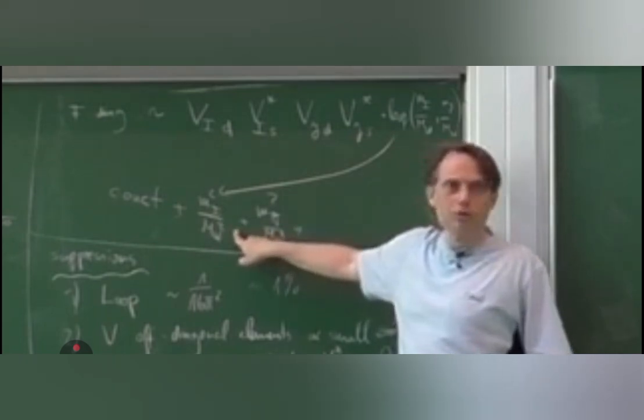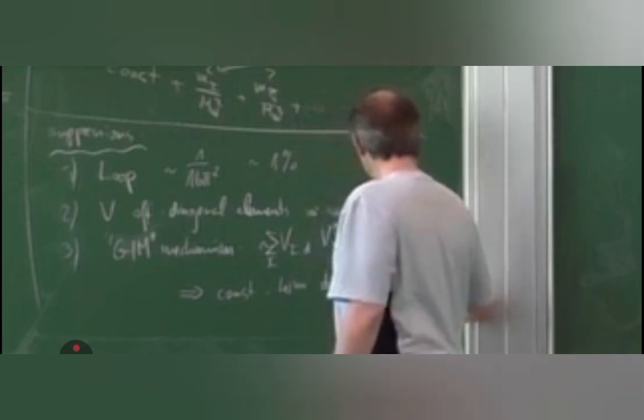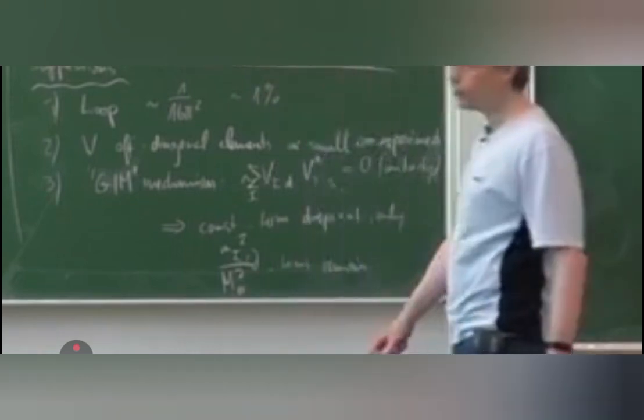And then you have the third suppression. So therefore the constant term drops out. Only m_i or j squared divided by m_W squared terms remain.